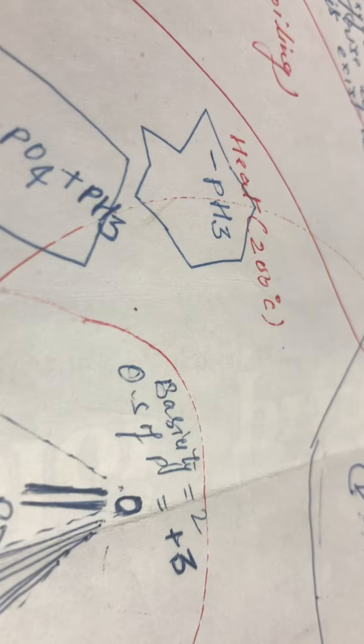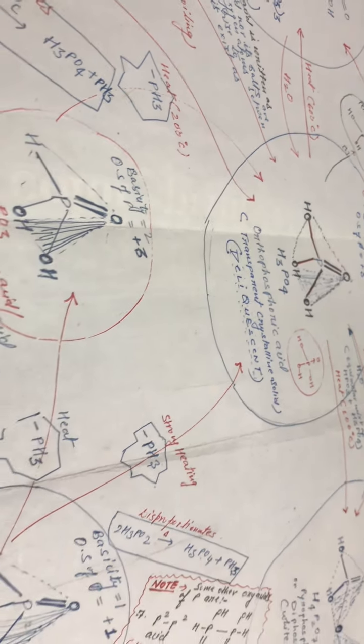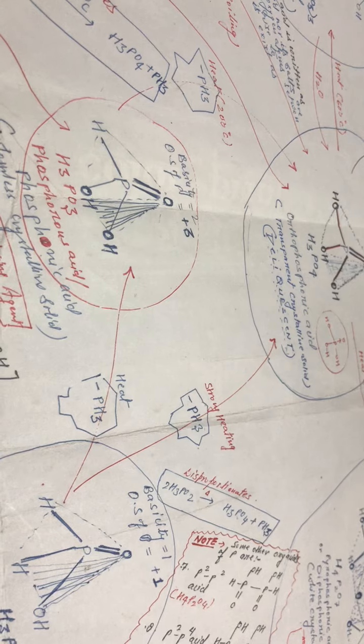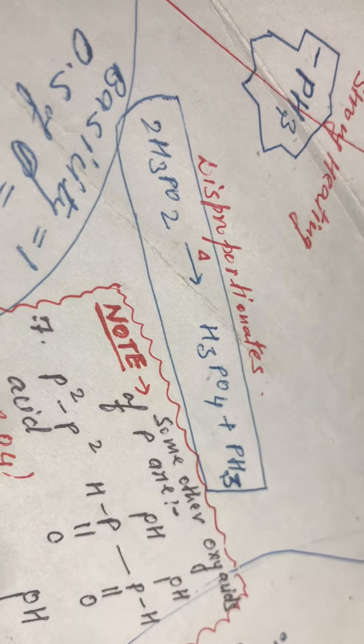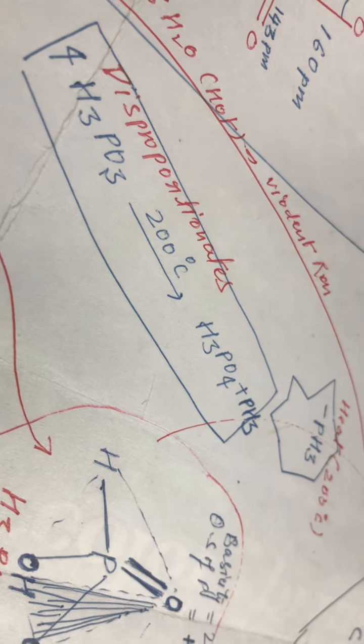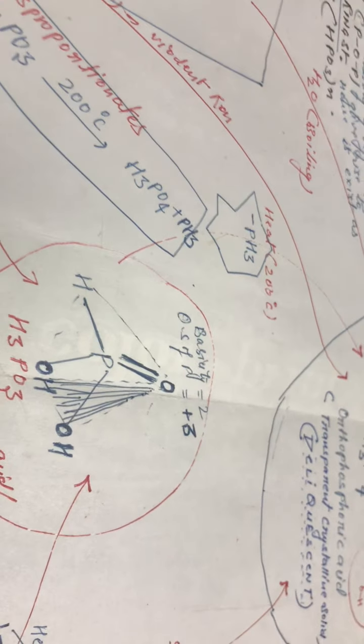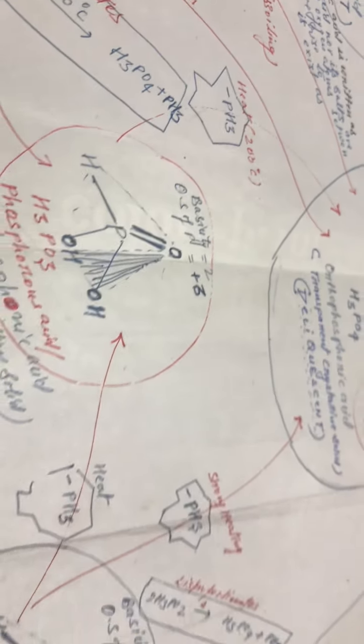This is your phosphine gas, and it will give you orthophosphoric acid. Both on heating will undergo disproportionation. You can see very clearly H3PO2 disproportionates to give H3PO4 and PH3, and this also disproportionates at 200 degrees Celsius to get phosphine and H3PO4, orthophosphoric acid.